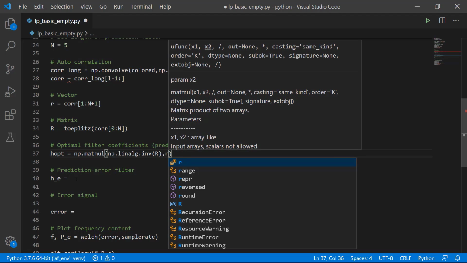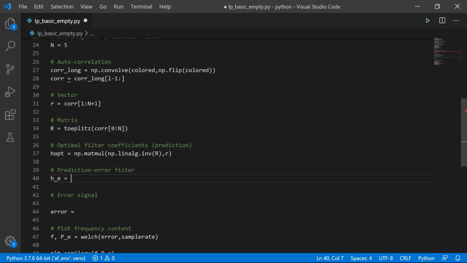the optimal filter coefficients. The prediction error filter actually uses the coefficients of the prediction filter. Remember that we just add a leading one, and then we take the negative of those, so we can use NumPy's append, with the first parameter being a 1 and the second being our prediction filter coefficients, which of course we have to negate. This is the prediction error filter.